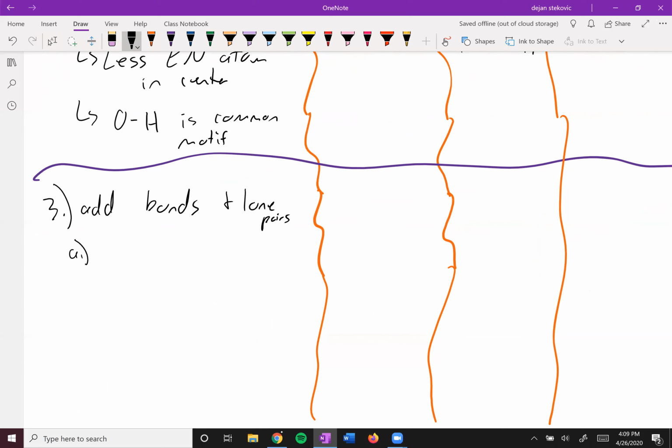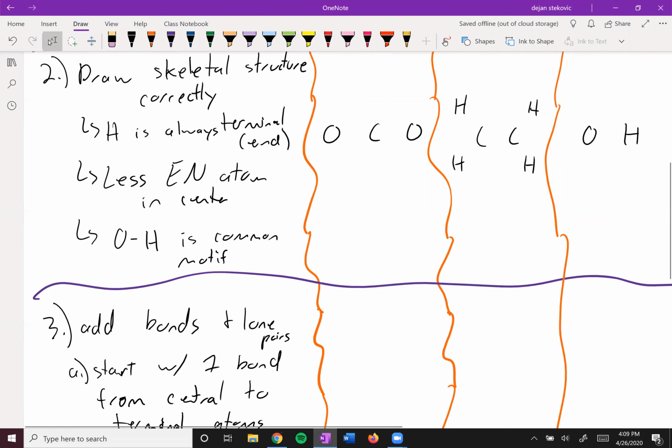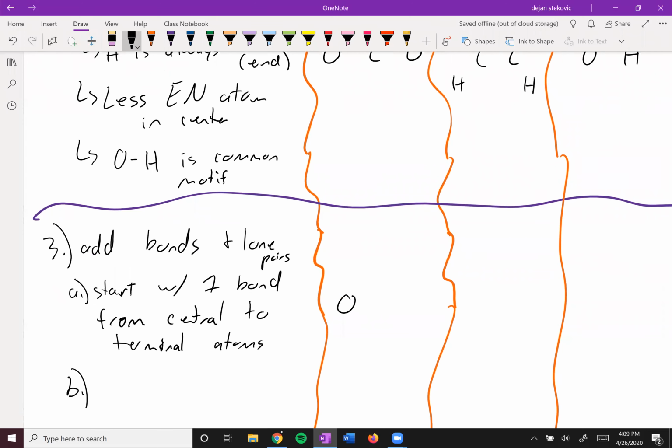So in the first step, you want to start with 1 bond from central to terminal atoms, and central to central as well. Basically, you just want to give everything 1 bond and then go from there. So something like this, OCO, we have O, we have CO. So we'll just draw a bond here, bond here.